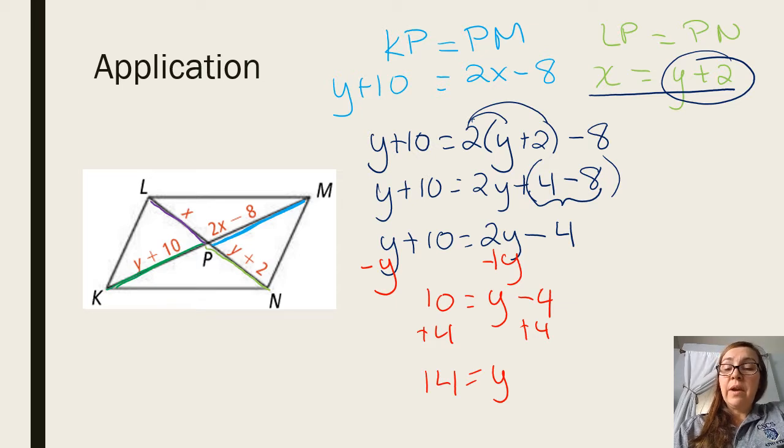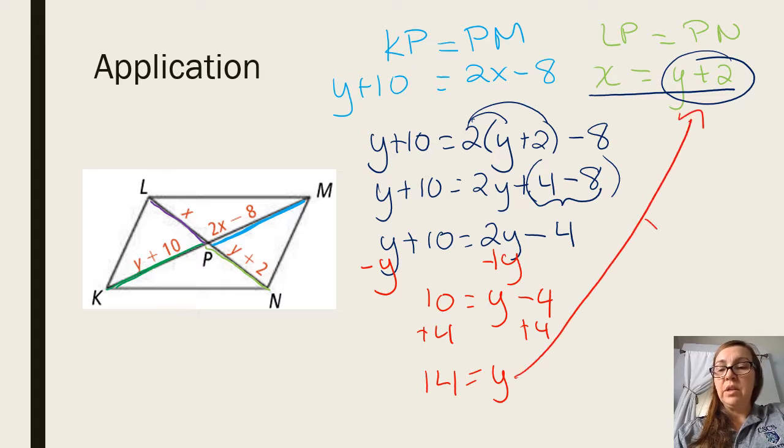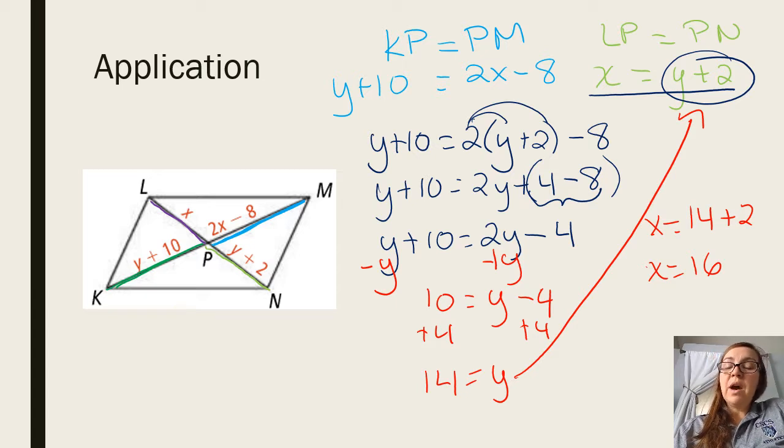Okay, I can also find what x is equal to, because now that I have what y is, I can plug that value into this equation, and x is equal to 14 plus 2, and I get x is equal to 16. Okay, so I can find x and y. I can also find the lengths of these segments.